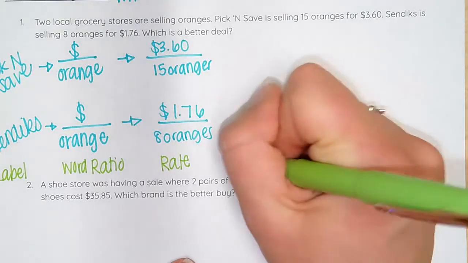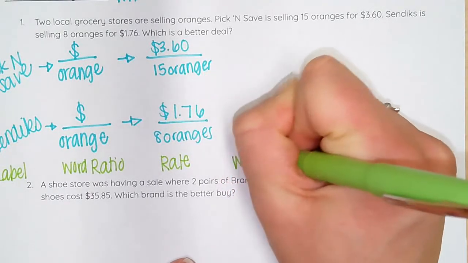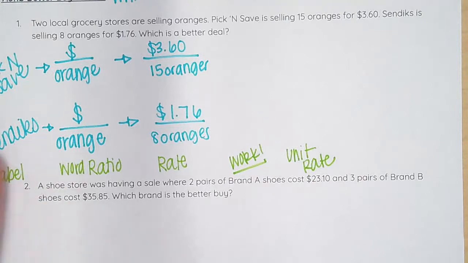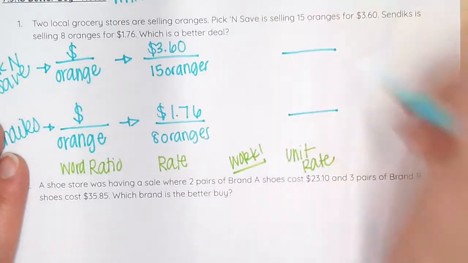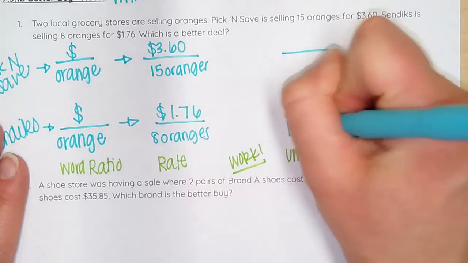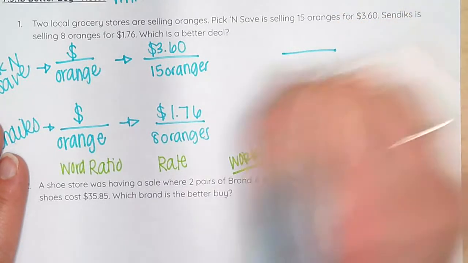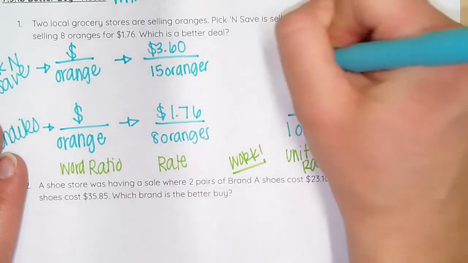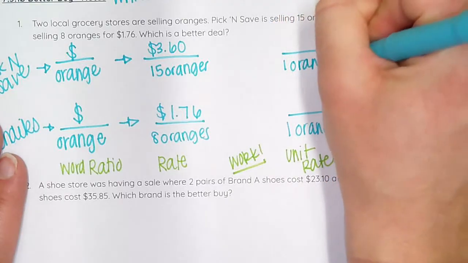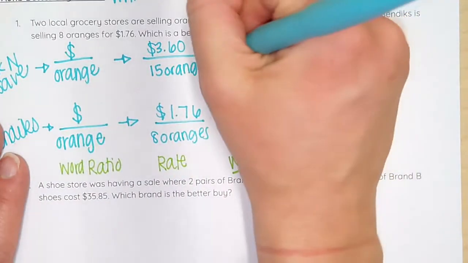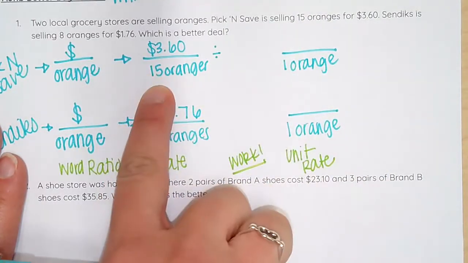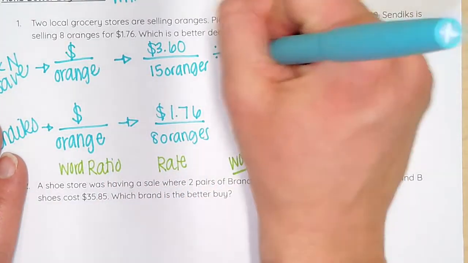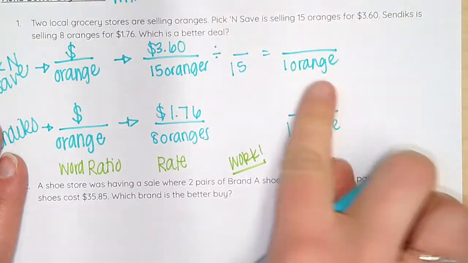After we have our rate, we need to get to our unit rate. And we do that by showing our work. Okay, so how do I get from 8 oranges to 1 orange and 15 oranges to 1 orange? Well, for Pick and Save, I divide both the numerator and the denominator by 15. 15 divided by 15 will get me 1 orange.